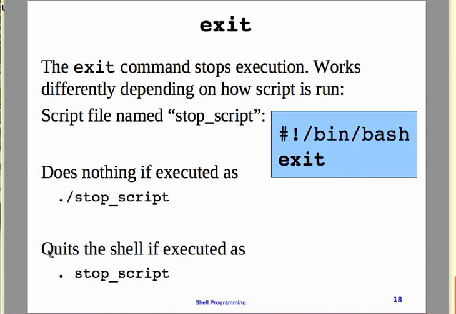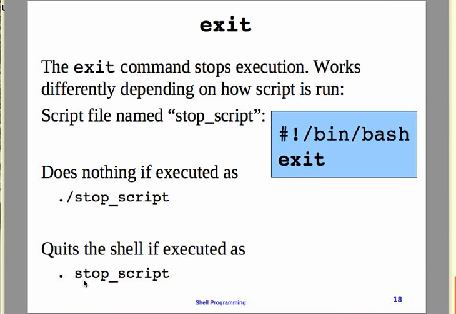If you set up the script to not be executable and you use either source or the command followed by the name of this file, what happens is this entire shell is quit. What the source operator does is take all the commands in here and run them in the current shell.